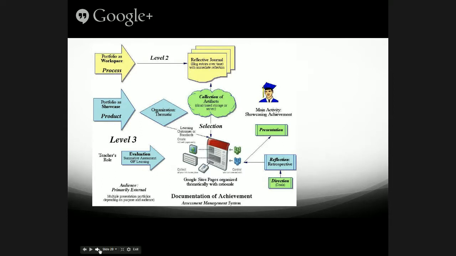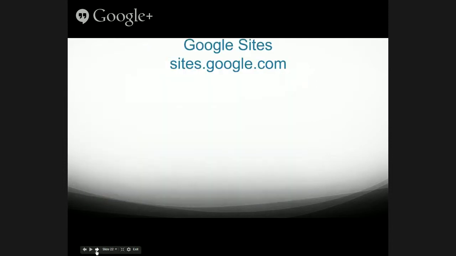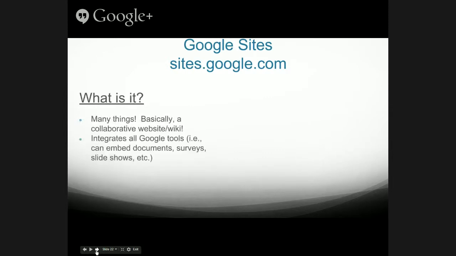To understand how to do this, you need to understand Google Sites. Google Sites is the tool you're going to be using to build your portfolio. It's simply a wiki, a website builder, or a very easy to edit website. The cool thing about Google Sites is that it integrates all of the Google tools. For example, you did your vision statement in a Google Doc in Module 2.